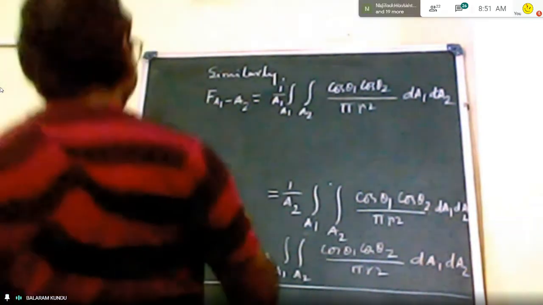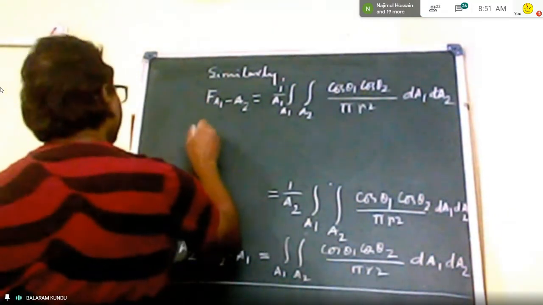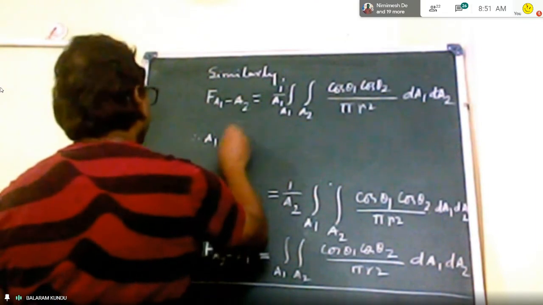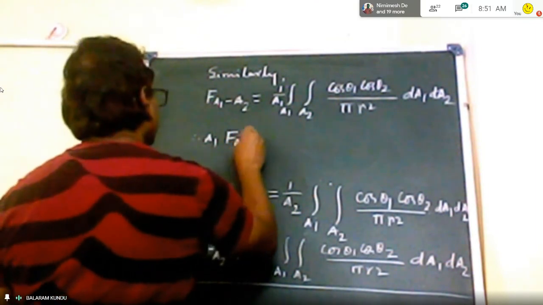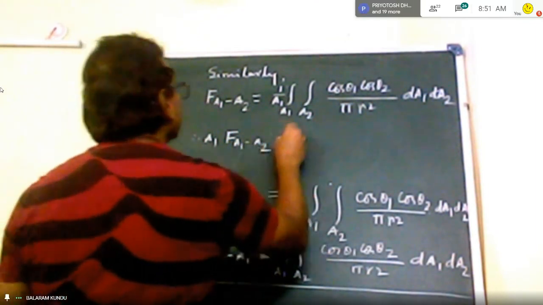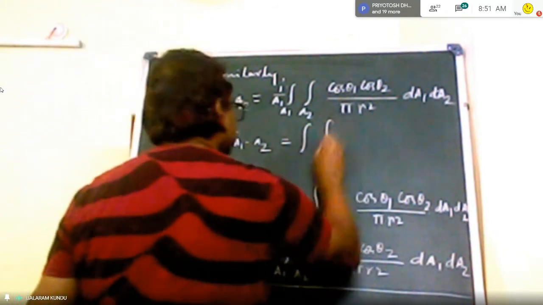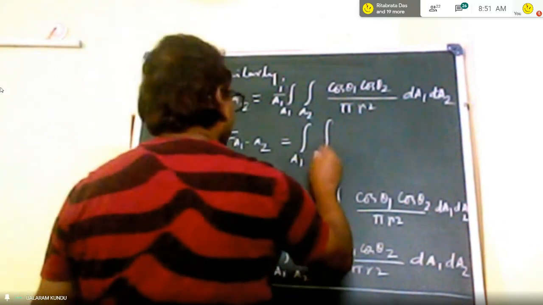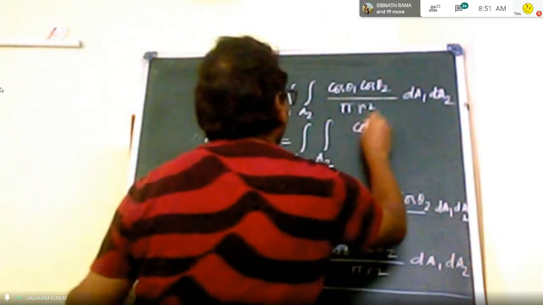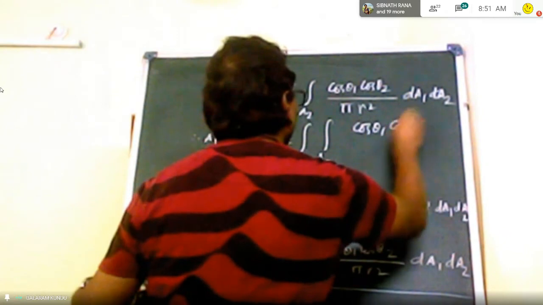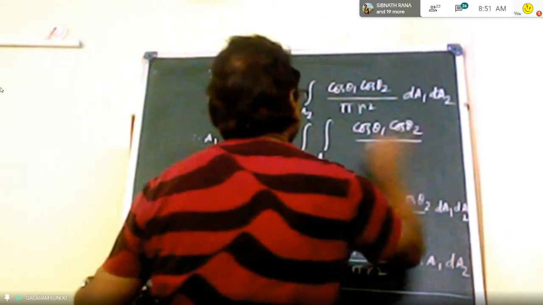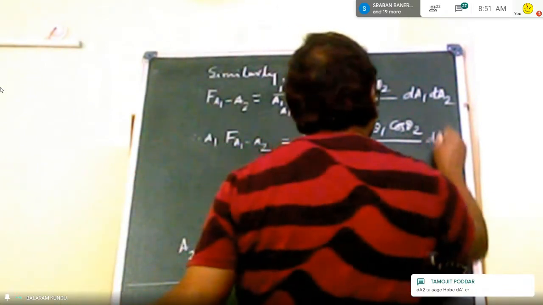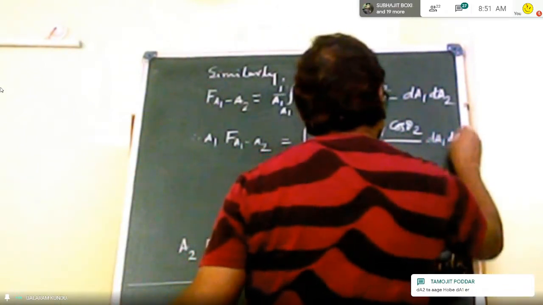So finally we can write A1 into F of A1 to A2 equal to the same expression, that is integration along A1, along A2, cos theta 1 cos theta 2 divided by pi r square dA1 dA2.